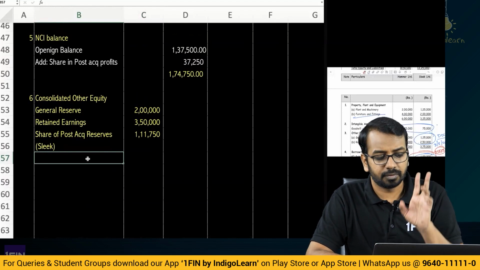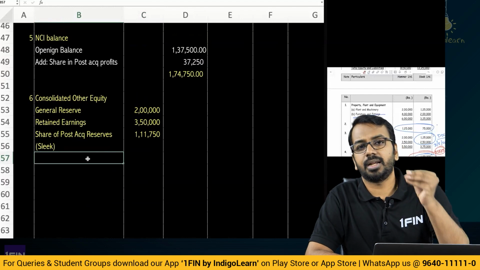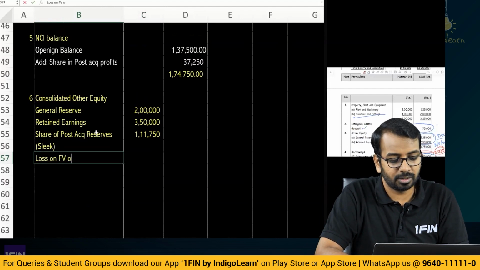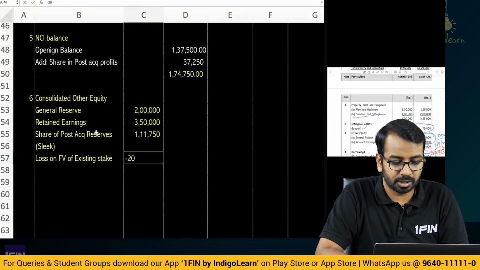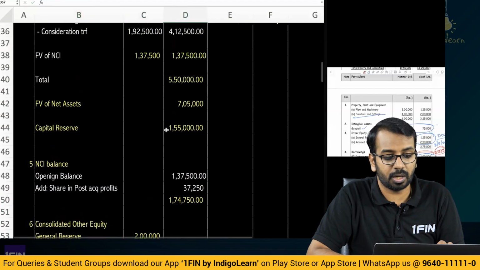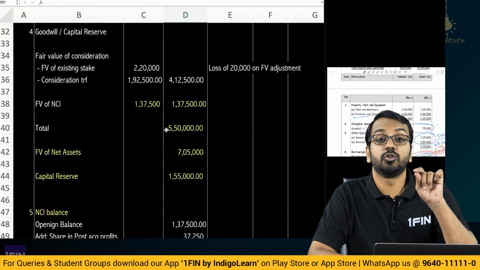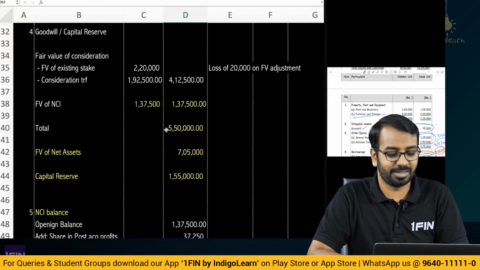The first adjustment is that there is an existing stake which we have revalued and there is a loss. So the loss on fair value of existing stake is 20,000, right? Because we had purchased for 2,40,000, currently the fair value is 2,20,000. So 20,000 is the loss that we need to adjust there.